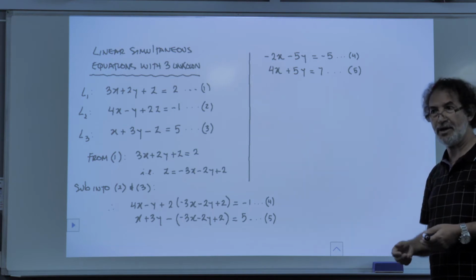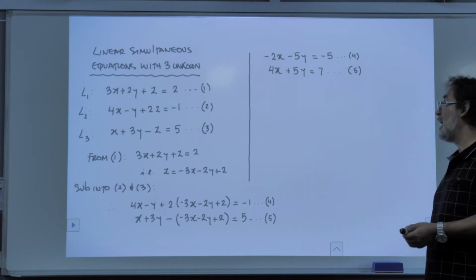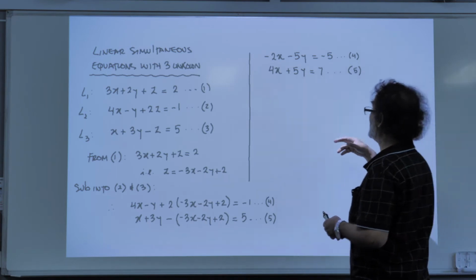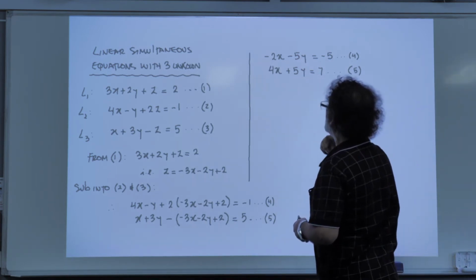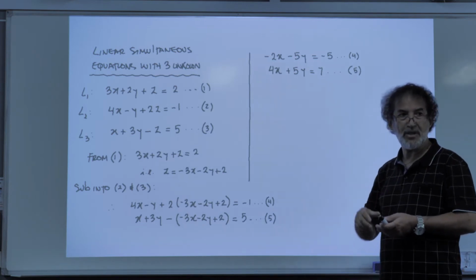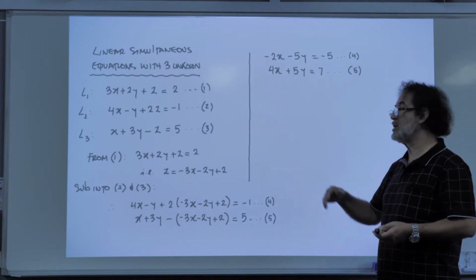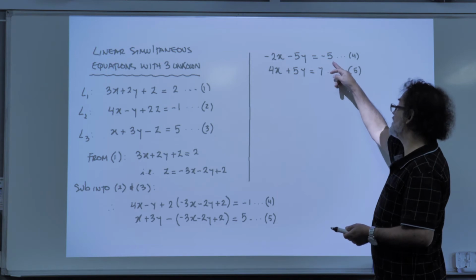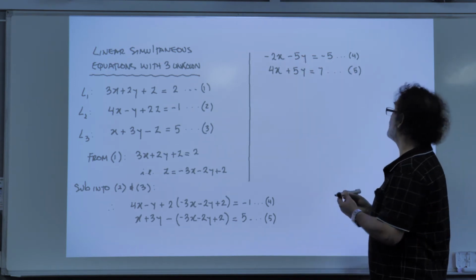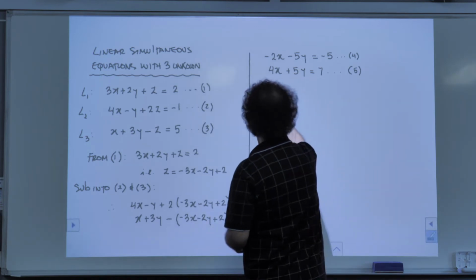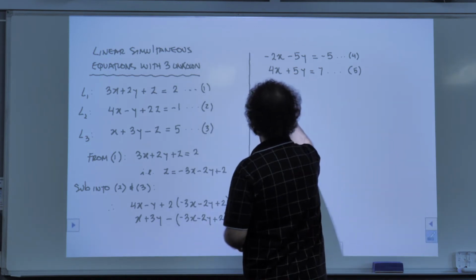2 equations and 2 variables. Right? And in this case, can you see that we're lucky enough to have the same coefficient of y with opposite sign? So if we add these 2 equations, these 2 will go. All right, so we're going to do equation 4 plus equation 5.